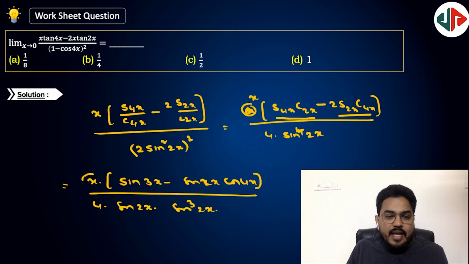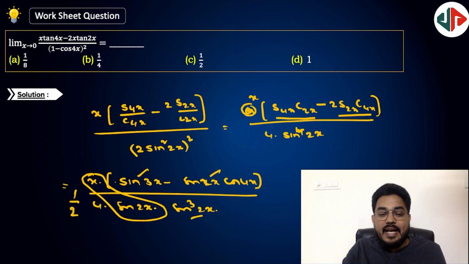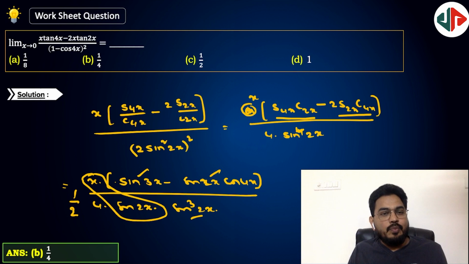So this value is equal to 1 by 2. This value is equal to 1 by 2. Now you need to solve this portion and you will be getting the answer as 1 by 4. You will be getting the answer as 1.